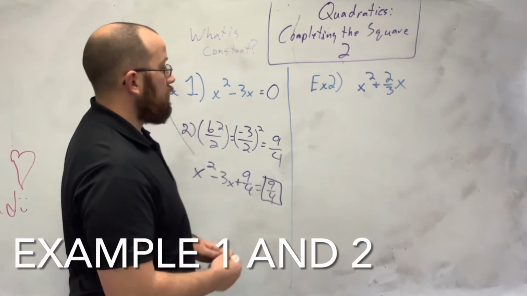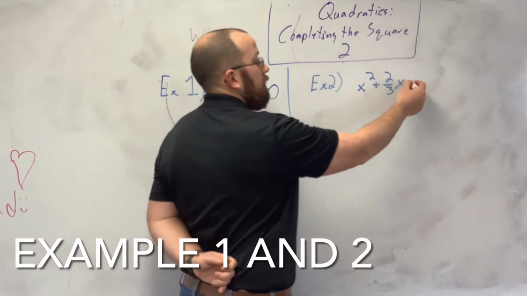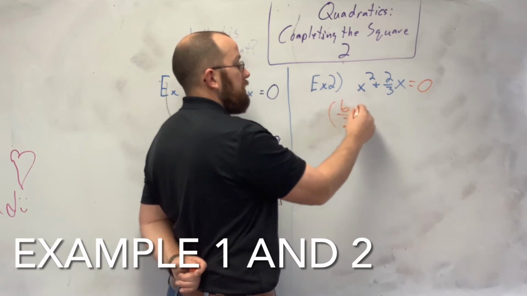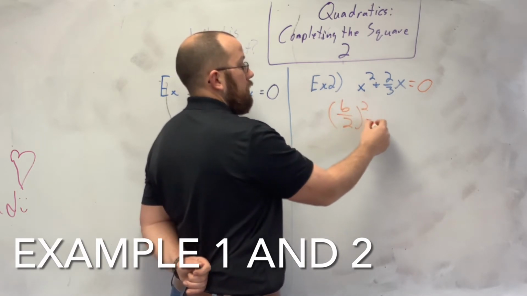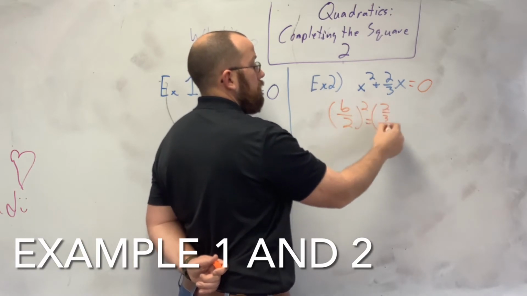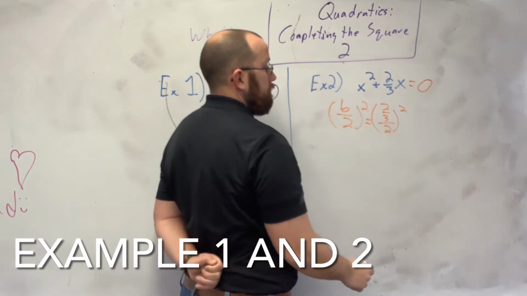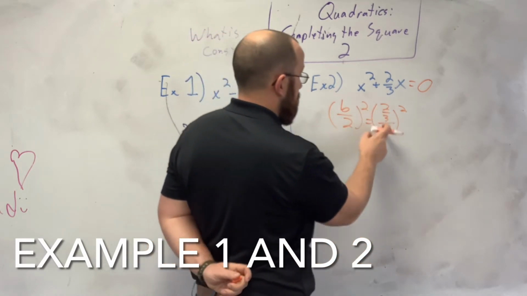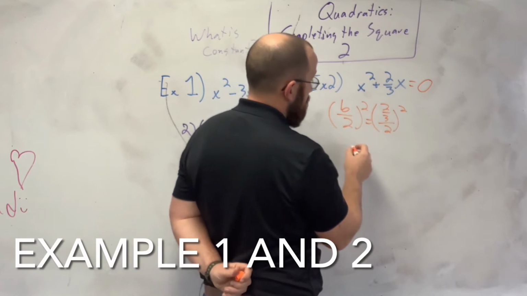All right, for this one over here, same thing. What is the constant I'm going to add? So I just move to my b squared step. So my b is 2/3, over 2, squared. I can simplify that down first.